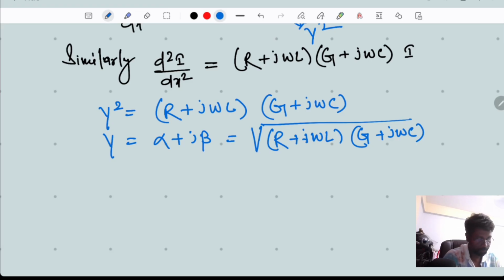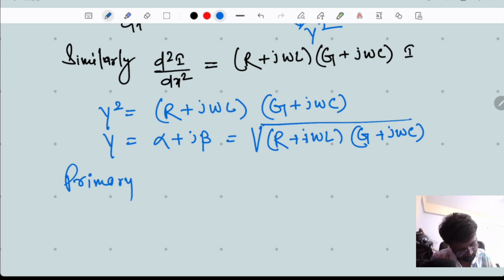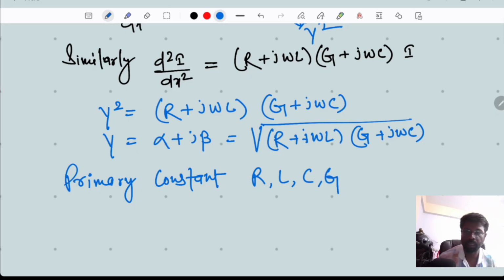From these expressions, I can say that the propagation constant of the wave depends upon the primary constants R, L, C and G, these are the primary constants of the transmission line, and the operating frequency.